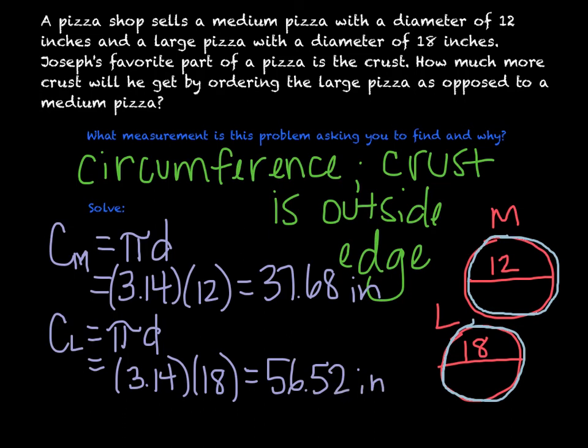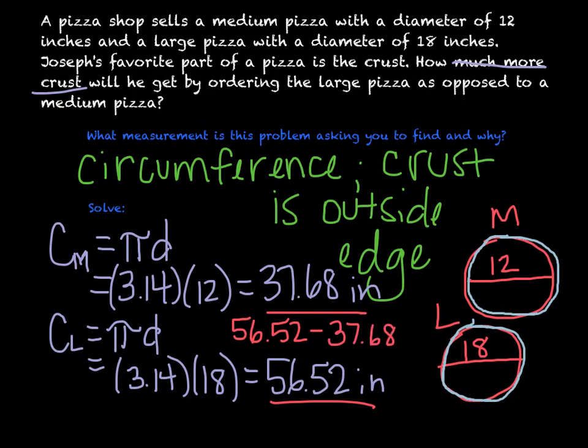Now it says how much more crust is he getting? So we need to find the difference between the amount of crust that he would get with the medium versus the amount of crust that he would get with the large. So what I'm going to do is just show, because I'm out of space, 56.52 minus 37.68.